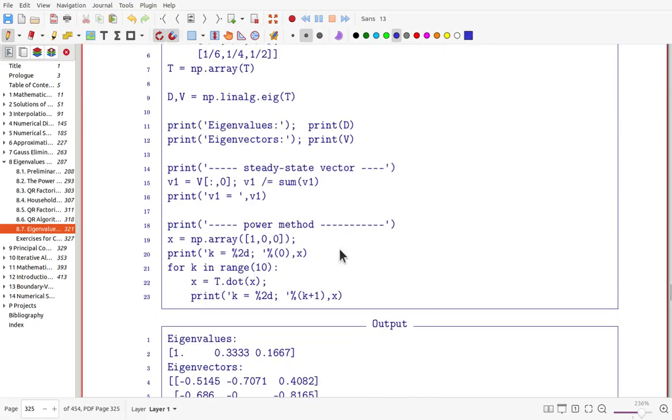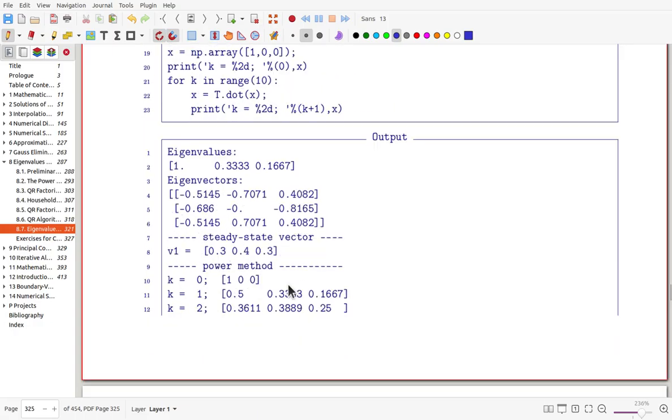Now after that, we'll try to use the power method and start with the probability vector 1, 0, 0. We multiply by T again and again, and try to get the state in each iteration. Okay. Now that is by using the built-in function.